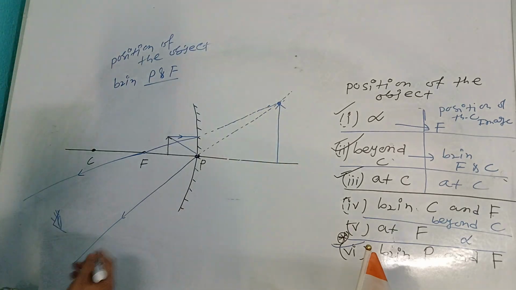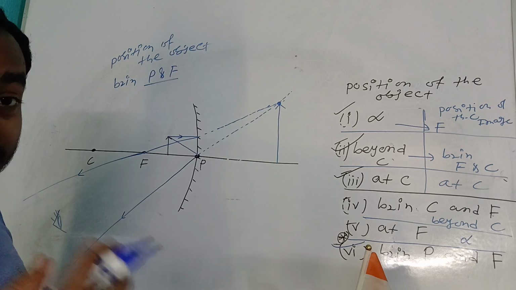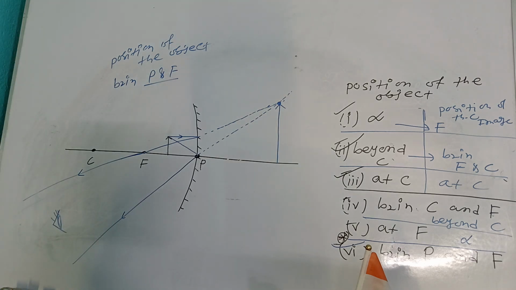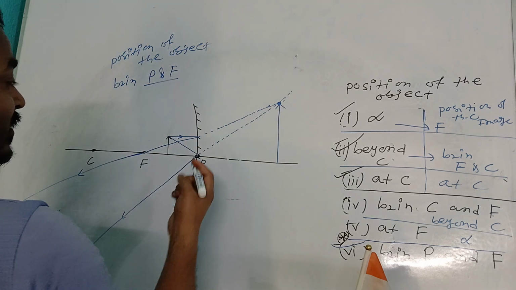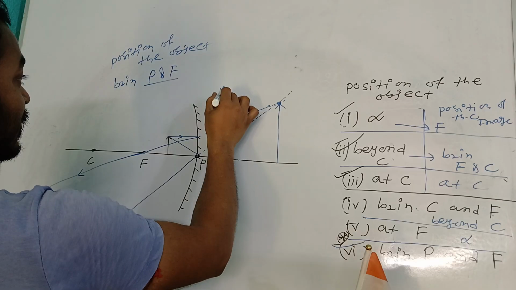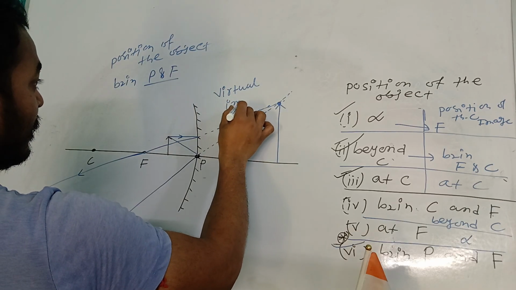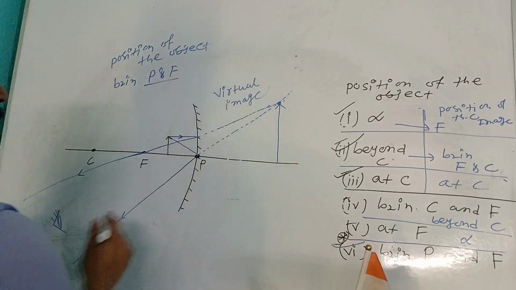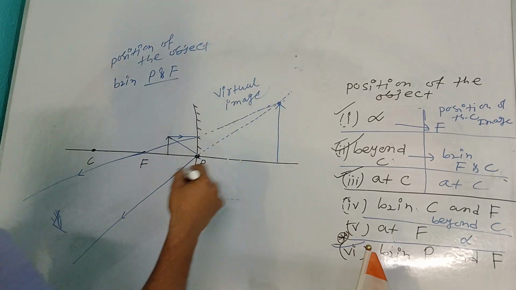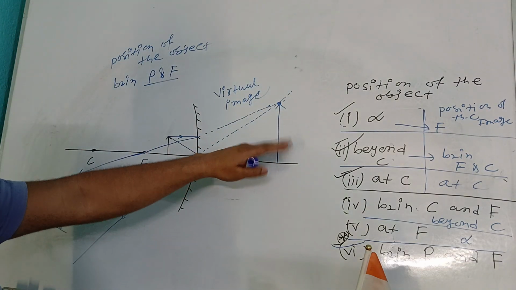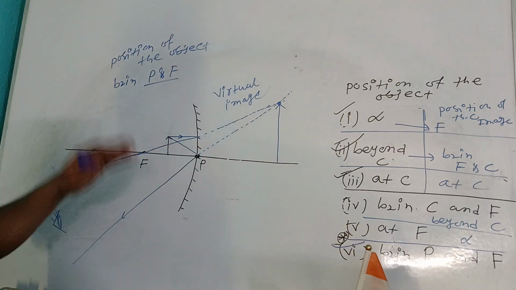Now it is the image. So see, when the reflected rays appear to meet, then we can see the virtual image. So the image is virtual because it is forming behind the mirror.